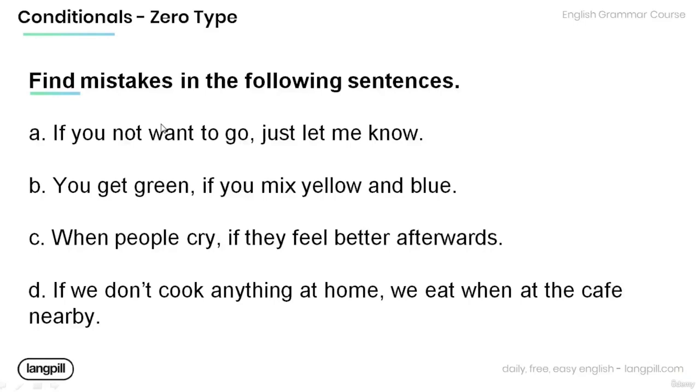And now, time for you to practice on your own. Read the following sentences and find mistakes. A. If you not want to go, just let me know. B. You get green if you mix yellow and blue.